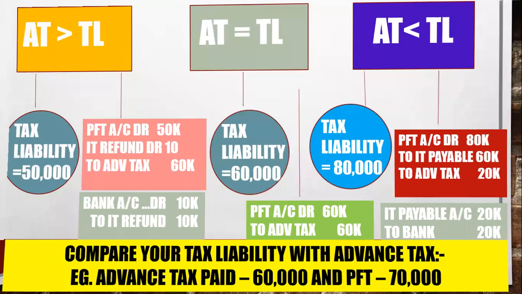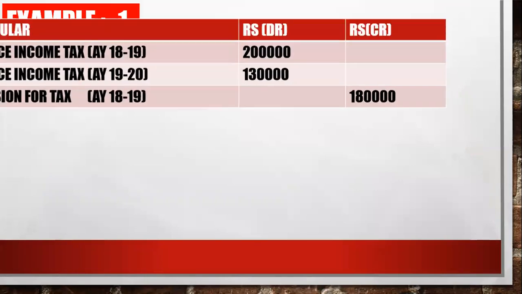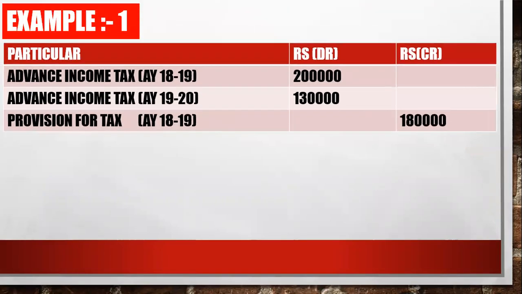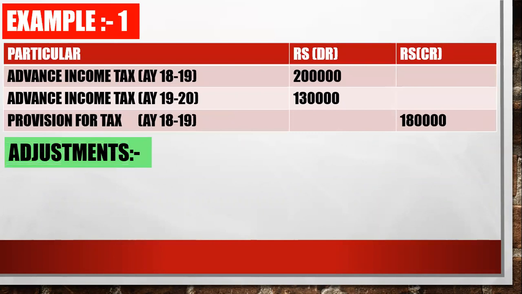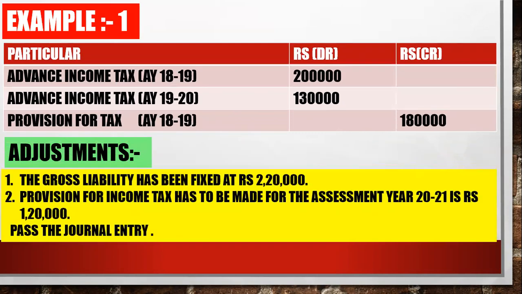This is question number 1. Just take example 1. This is the question, and this is the adjustment. Read out the question properly. You have paid advance income tax for assessment year 18-19 of rupees 2 lakh. See, you have paid advance tax twice, but the assessment year is different.